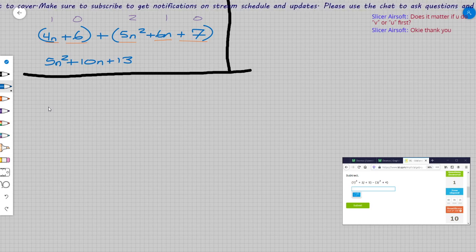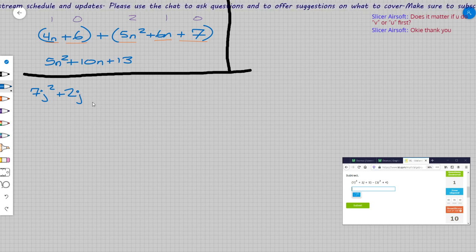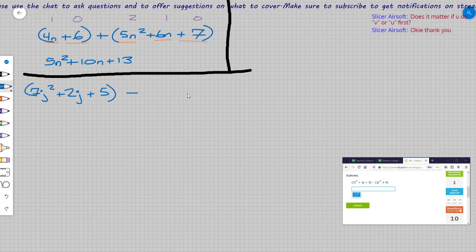So this is going to be 7j squared plus 2j plus 5, and put that in parentheses. Sorry, that's a little messy over there. Minus 3j. I'm going to give me some room because I'm going to have to change these signs.